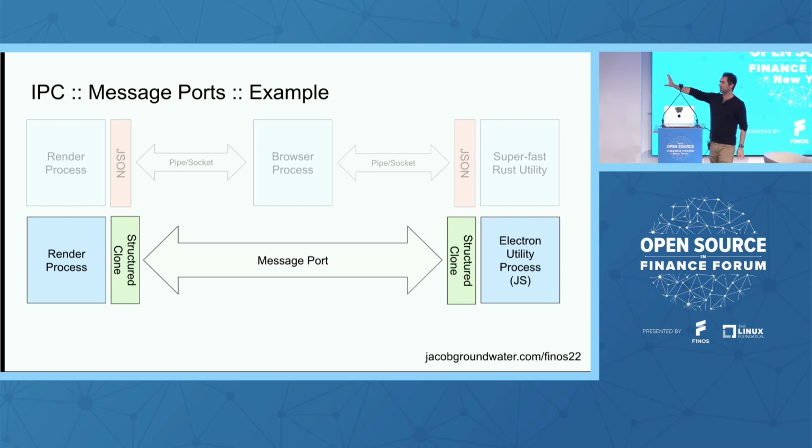Another problem that I've seen in the past, however, is there are some IPC mechanisms in Electron, like the no-more-mentioned remote module. The remote module at the time was sort of like a proxy object that represented an object in another process. And it was wonderful because you could be like, require electron dot this and do methods, and it would forward all of these calls over to the other process.